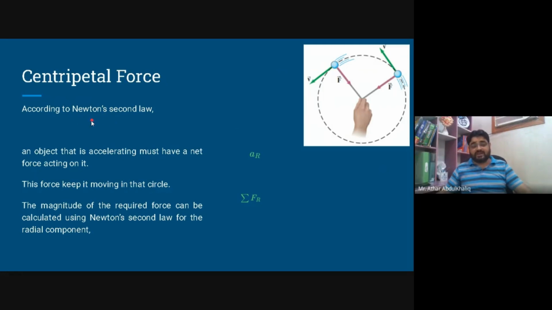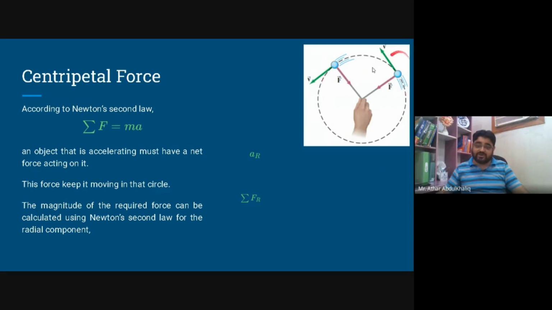So we can say, according to Newton's second law, F is equal to ma. If an object is accelerating, it must have a force on it. So that force which keeps the object moving in a circle is called centripetal force.